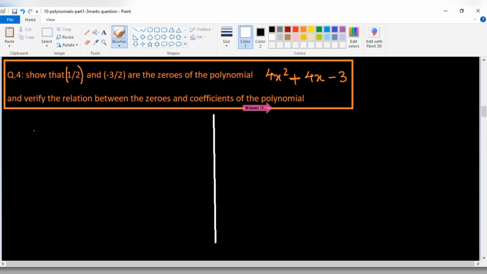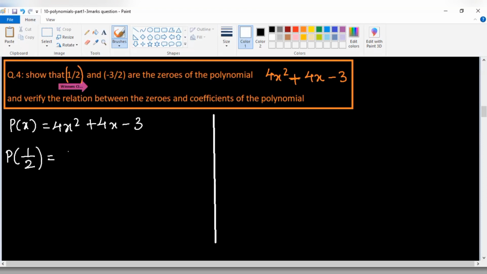Okay, first how we can show that they are the zeros. Here the given polynomial, let us take it as p of x, that is 4x square plus 4x minus 3. Now, if 1 by 2 is a zero, that means p of 1 by 2 should be 0. So let us find the value of p of 1 by 2.